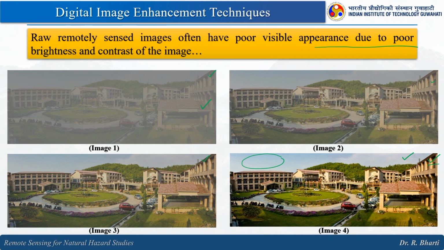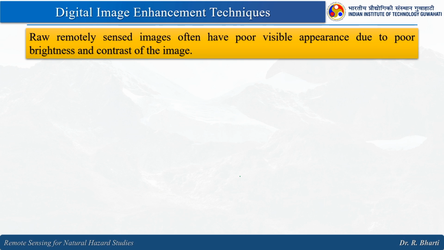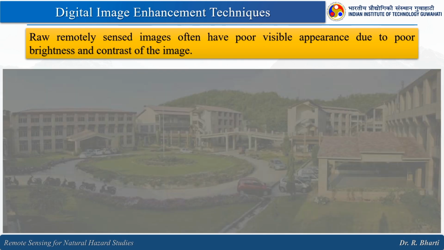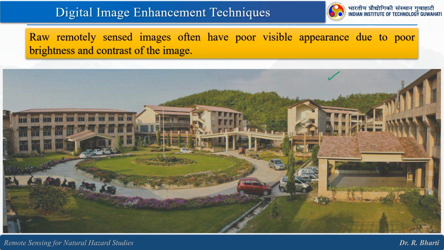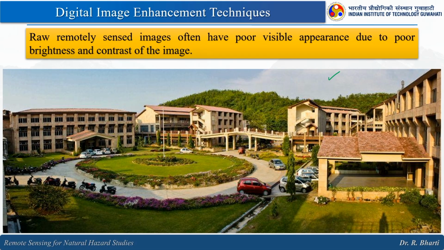How you see the image quality depends upon your brightness and contrast, right. You can observe here the first image, then the second, then the third, then the fourth image.